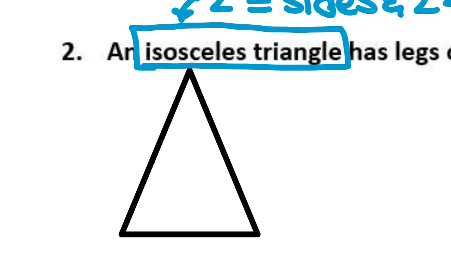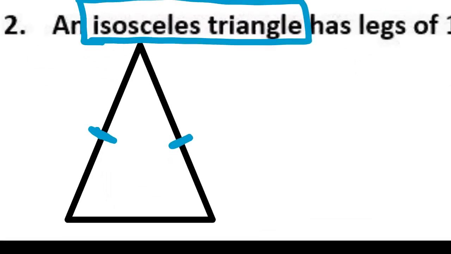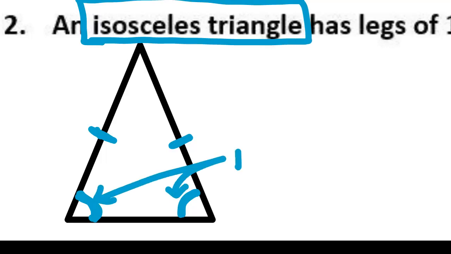So on my drawing here, these would be my 2 congruent sides. So these would have to be my two congruent angles. And we call these two angles here the base angles. The two congruent angles are both referred to as base angles.